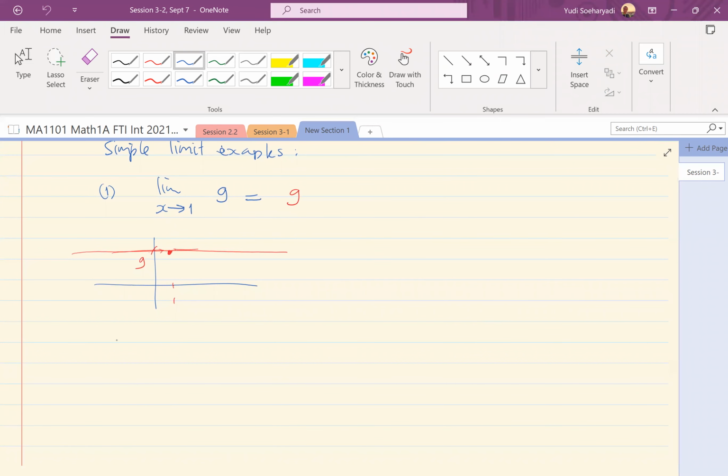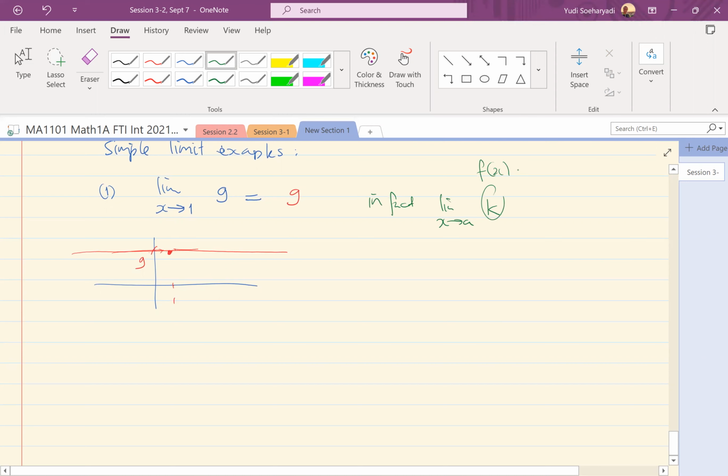And let's see some more examples. In fact, x closer to a, this is a constant function. It is always the constant k itself. Okay. So this is kind of a trivial thing to do. All right, so what about this one here?